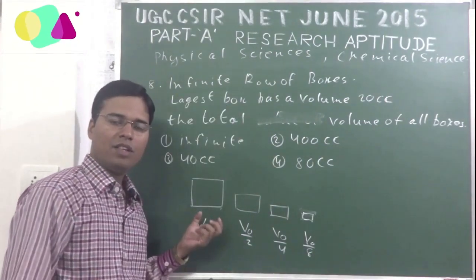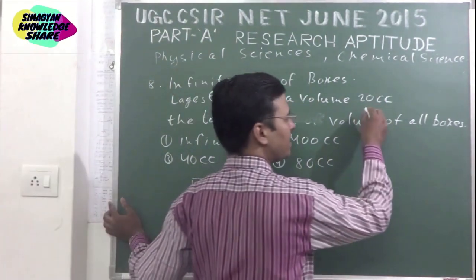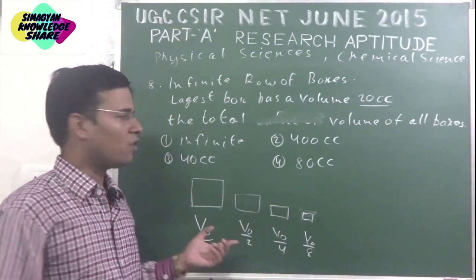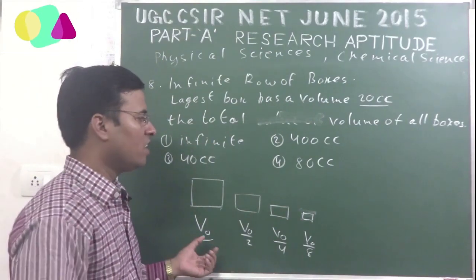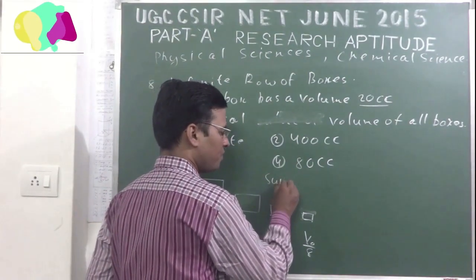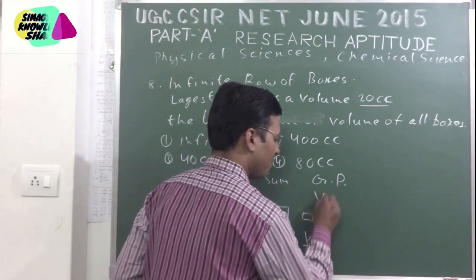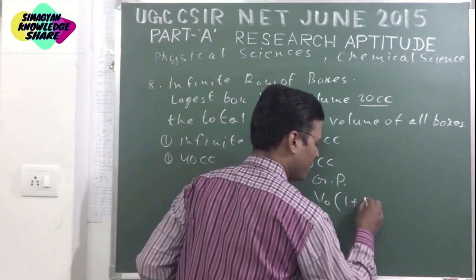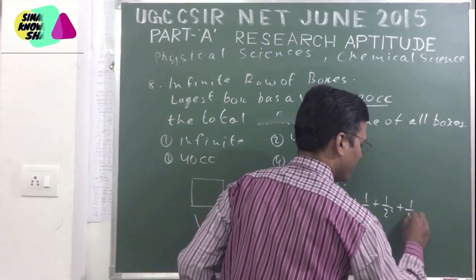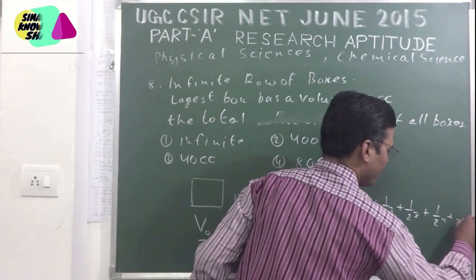If the largest box has the volume V0, which is given as 20 centimeter cube, then the total volume of the boxes can be given by the sum of a geometric progression like this: V0 multiplied by 1 plus 1/2 plus 1/2 square plus 1/2 cube plus 1/2 to the fourth, like this to infinity.